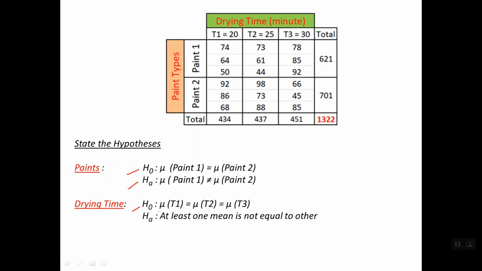So mu for drying time T1 is the same as mu for drying time 2, which is the same as drying time 3. For the alternative hypothesis, it states that at least one mean is not equal to the others.